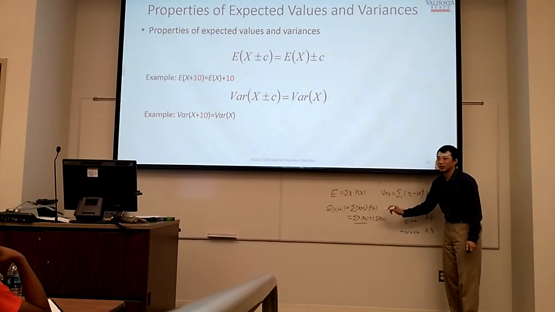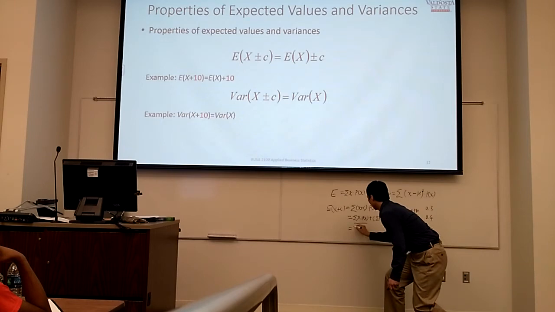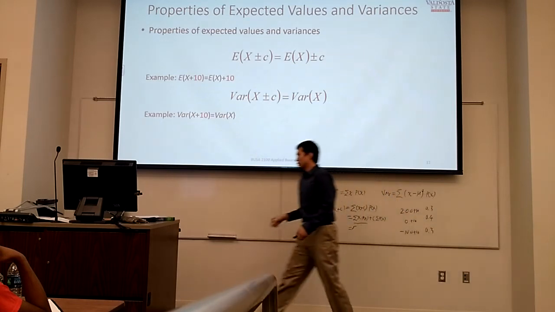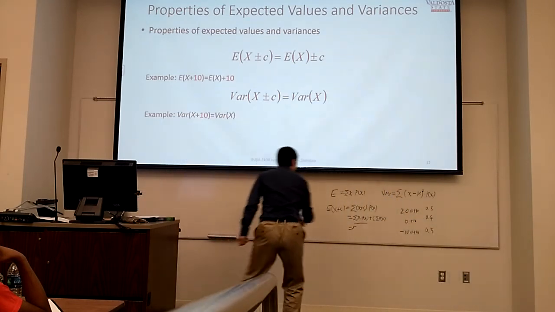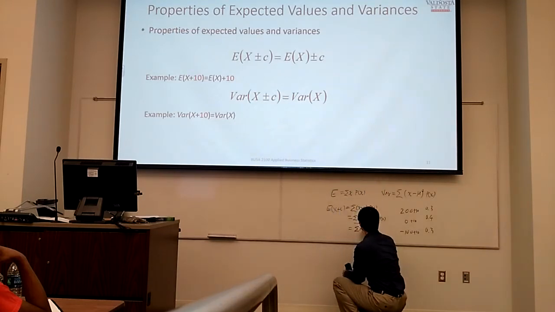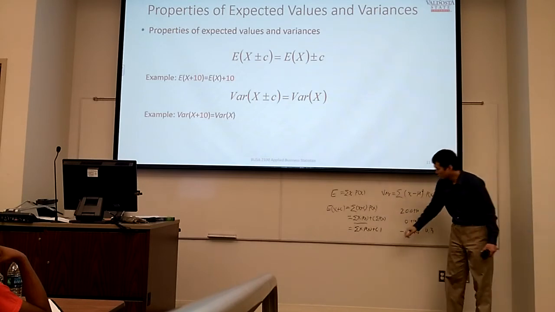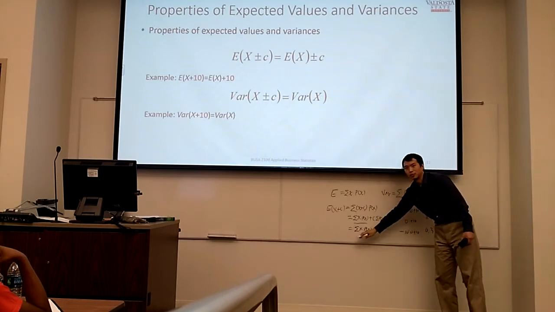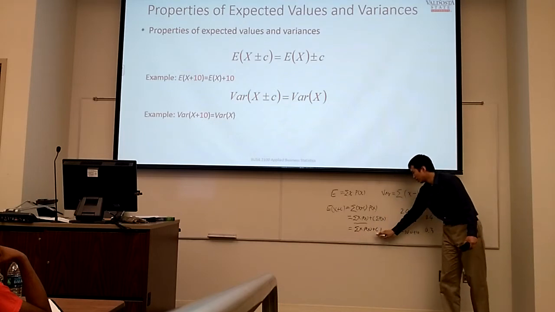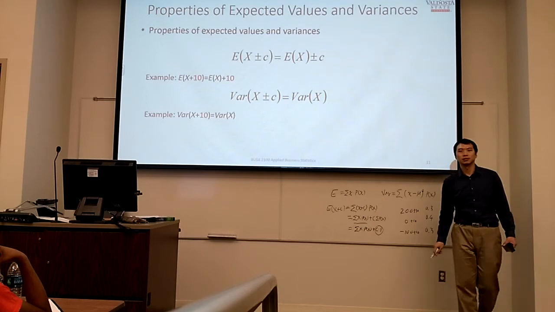And we know that the summation of all the probabilities is equal to 1. Because the summation of all the probabilities is equal to 1. Okay? So that's why it's equal to the expected value of X plus this constant. Okay?